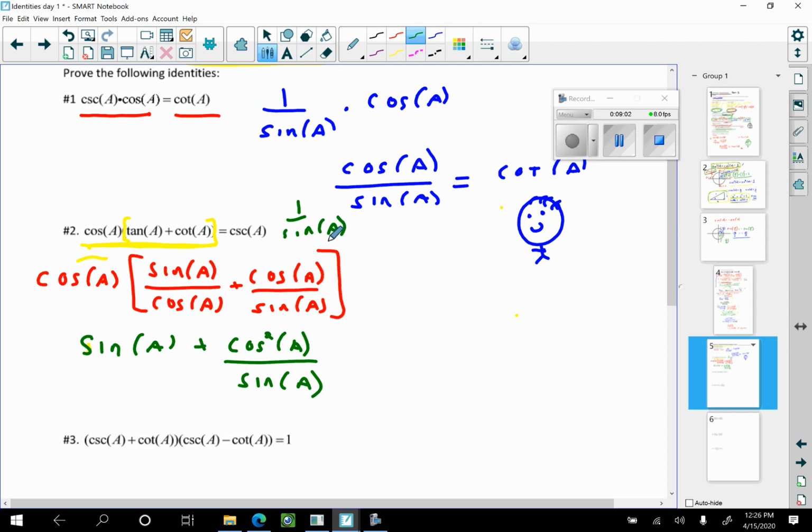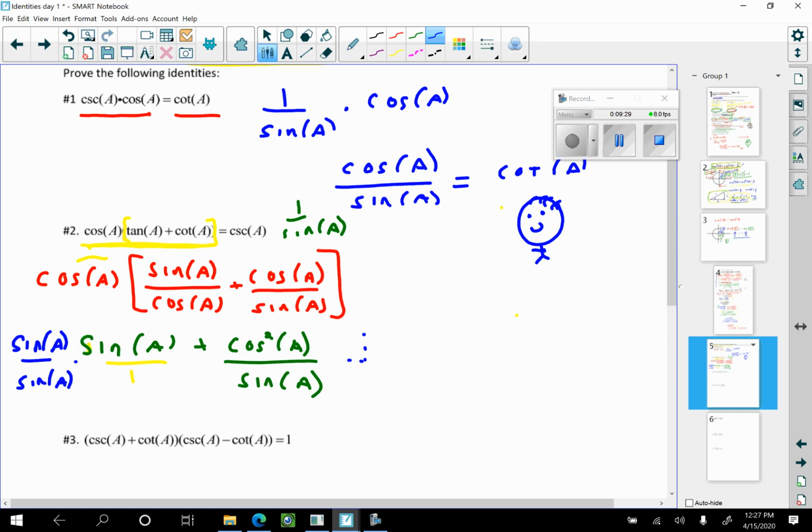So now I have, which is a single thing, I'm going to add these fractions here. And how do I add these fractions? I have to get like denominators. Right now, that guy has a denominator of 1. So what I'm going to do is multiply this by sine of A over sine of A, which is 1. So put that over sine of A so I can add them.